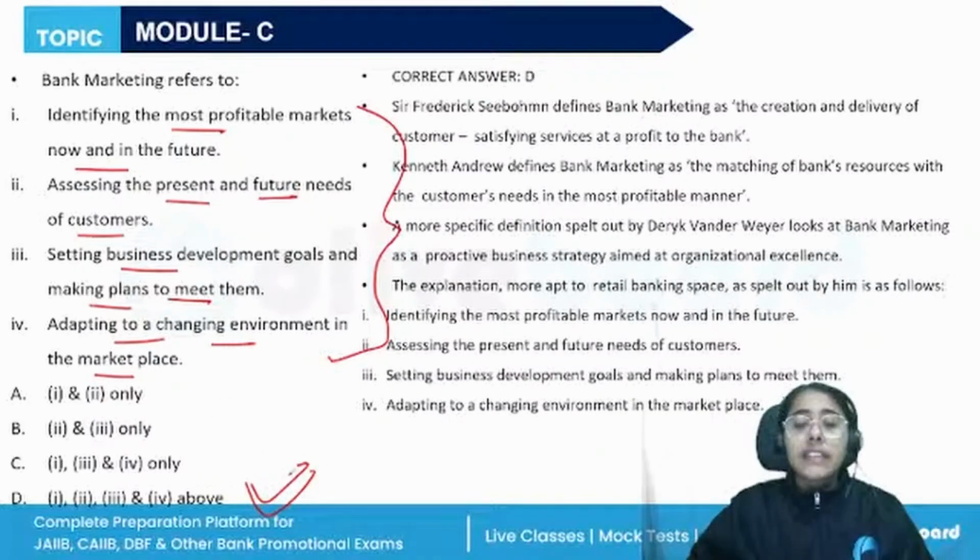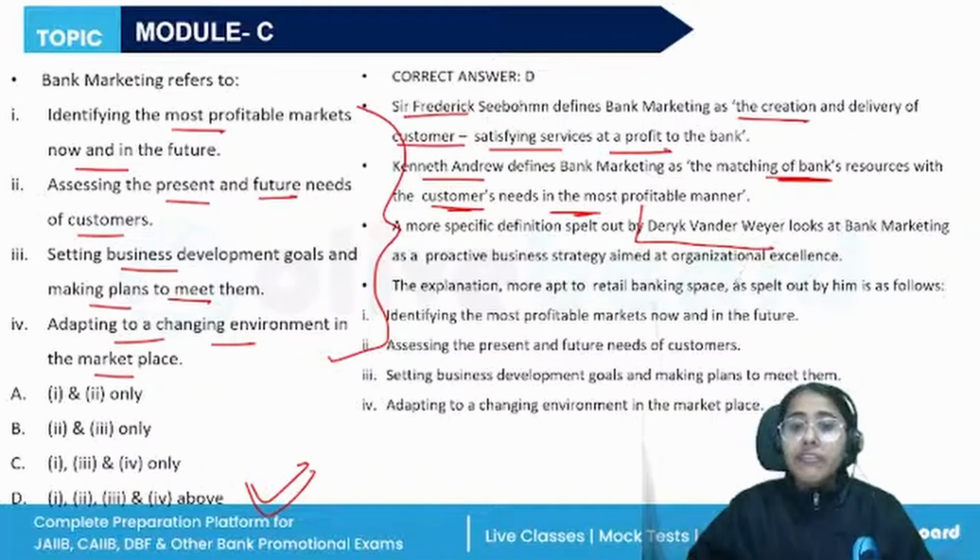So certain definitions of marketing have been given. Sir Frederick Seaborn has defined marketing as the creation and delivery of customer satisfying services at a profit to the bank. Kenneth Andrew has defined bank marketing as the matching of bank's resources with the customer's needs in the most profitable manner. A more specific definition is given by Derek Vander Veer.